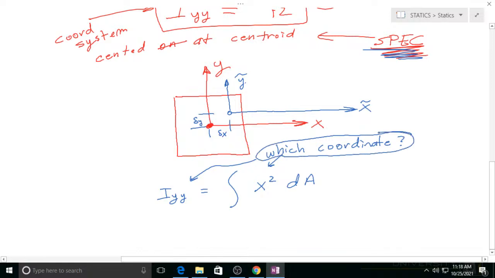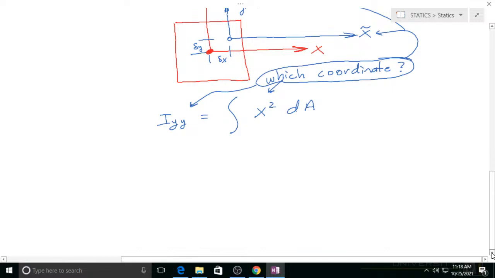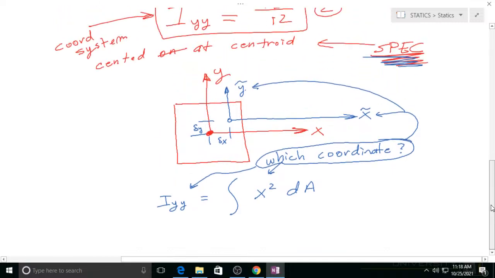And for the sake of argument, I'm going to use this one and relate it back to the original. So if I were to do that, I'll start with this concept.